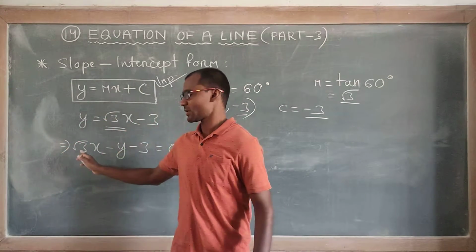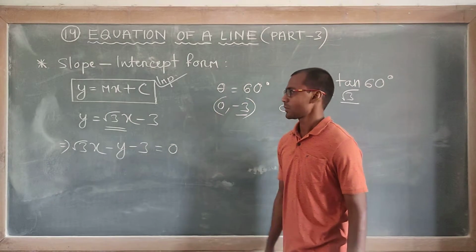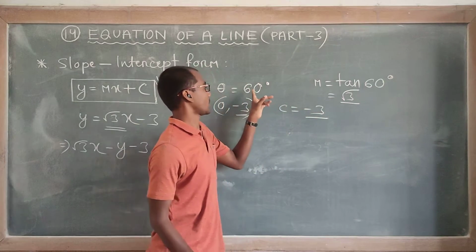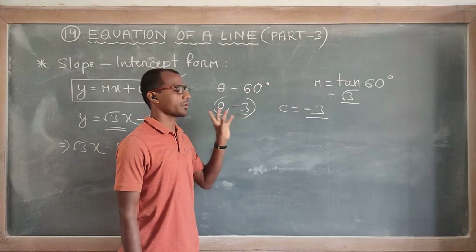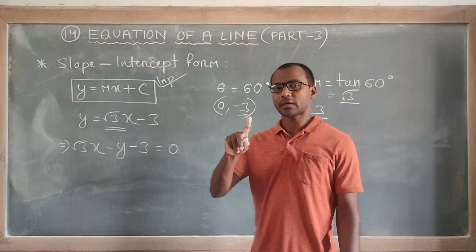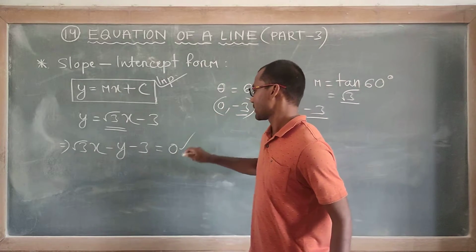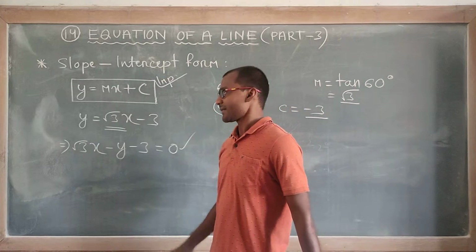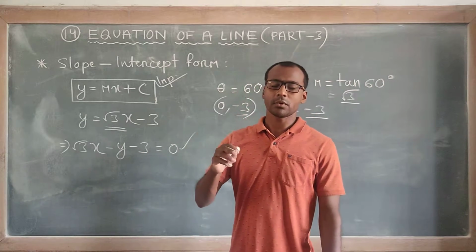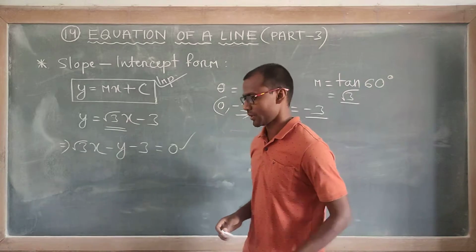It is in the form of ax plus by plus c is equal to 0. So this is the equation of the line, whose slope was given, whose angle of inclination was given and one point was given. Every point on that line will definitely satisfy this equation, and every point whose coordinates satisfy this equation will definitely be on that line.